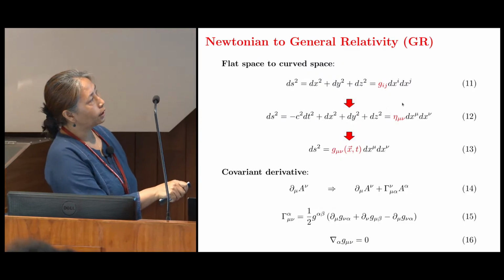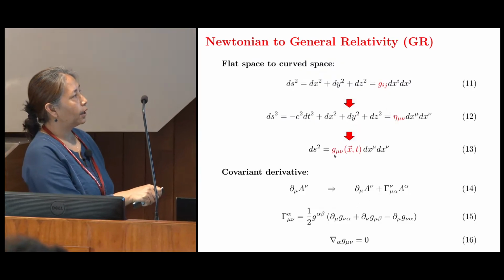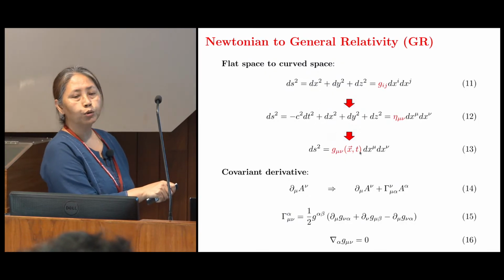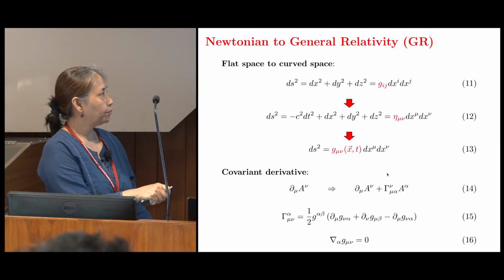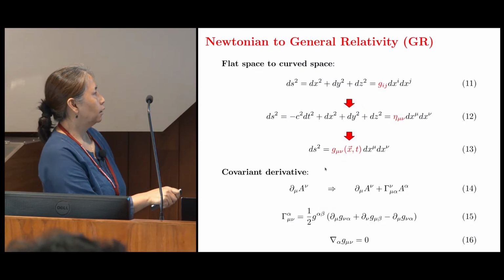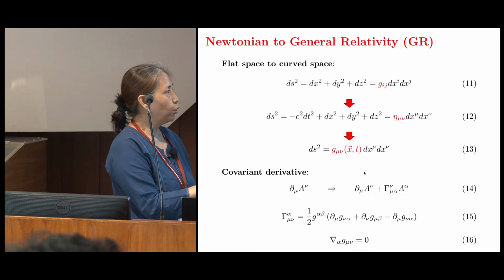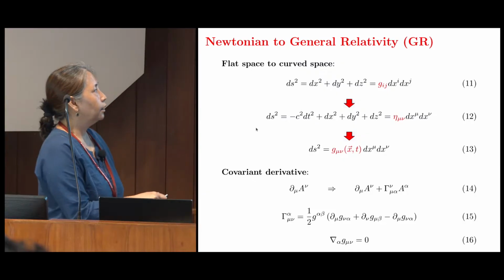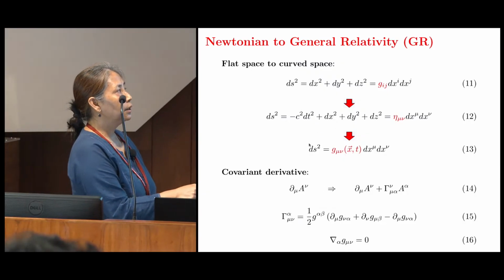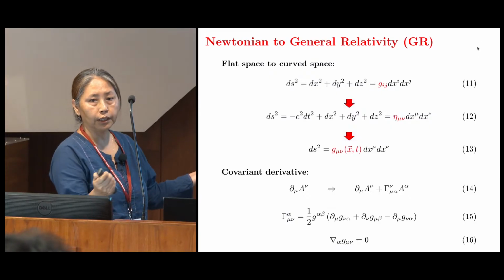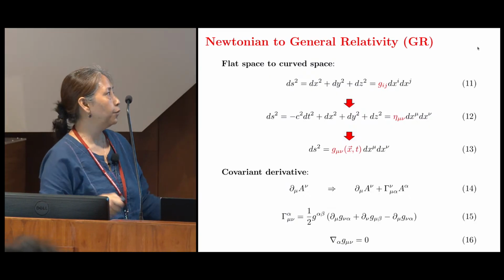You may ask, what happens if I make it into a general matrix g_mu nu whose elements can be non-zero and can also depend on where you are located, both x and t? This is what Einstein did. Then this becomes a generalized distance on some arbitrary space time, some manifold.